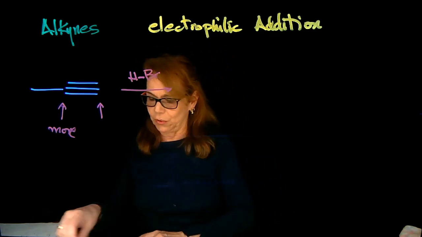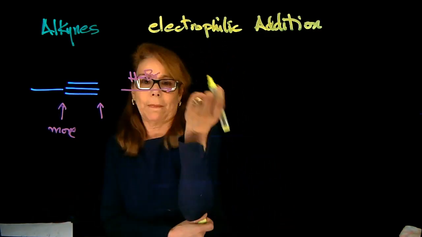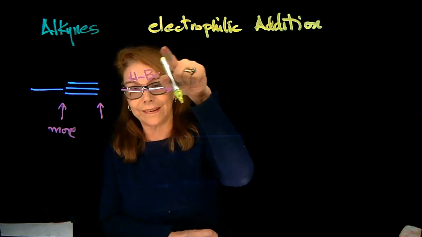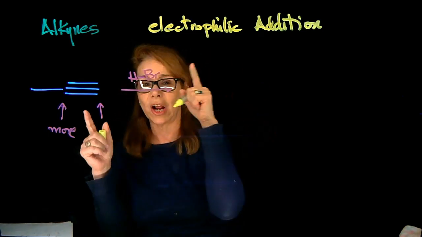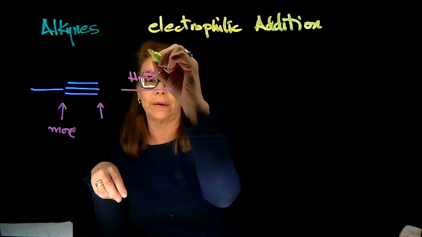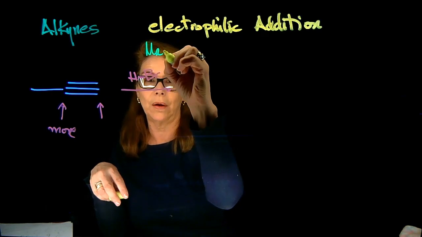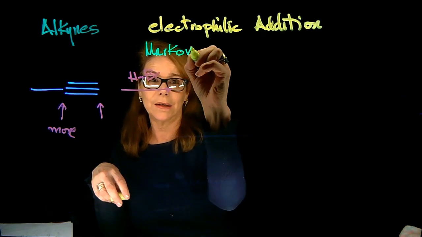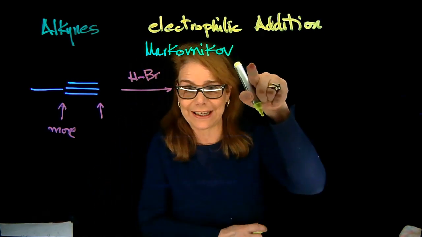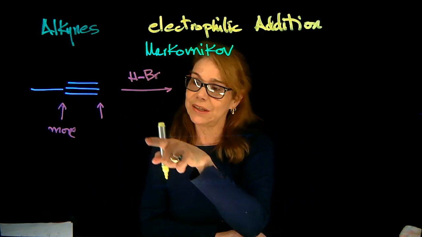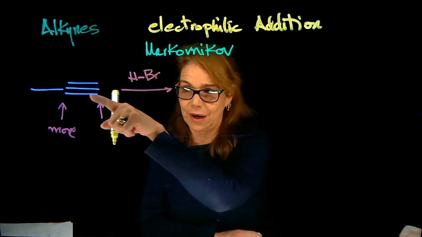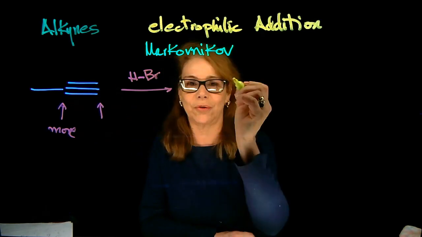So what we're going to be doing here is then, this is Markovnikov, and what we said, again, this is electrophilic addition, and you will add the H in Markovnikov fashion, and that regioselectivity indicates that the hydrogen gets added to the least substituted carbon and the bromine to the other.